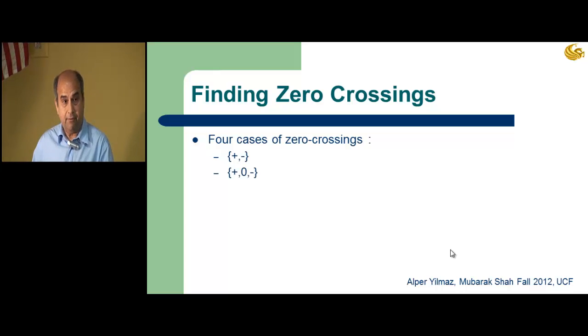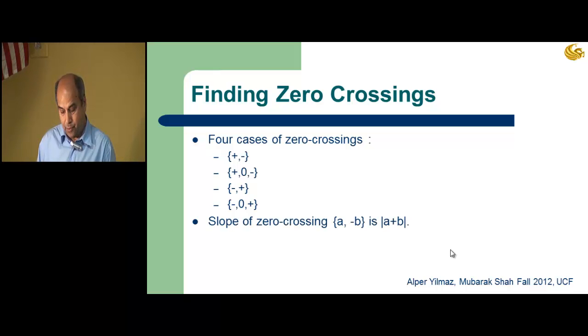Another case can be that one is positive, the next one is 0, then it's negative. That's a real 0 crossing. Or it can be the other way: negative, positive. Again, that's a 0 crossing, and then negative, 0, positive is also a 0 crossing. So these 4 different cases will occur, and all of these will be edges.